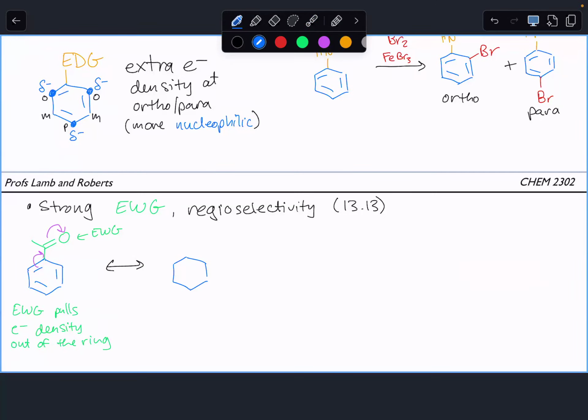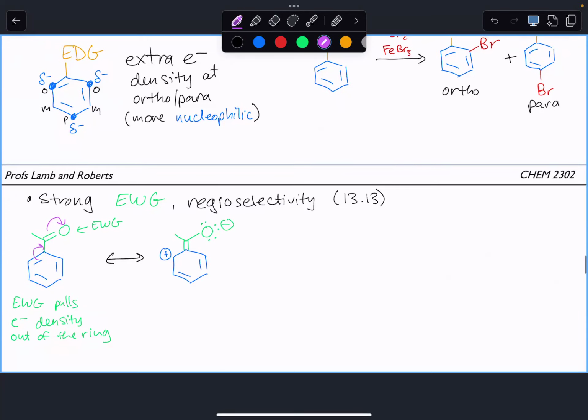So again, I draw what did not change first. Now there's going to be a double bond up here, negatively charged oxygen. And I left the ortho position on the left side deficient, so it should be positively charged now.